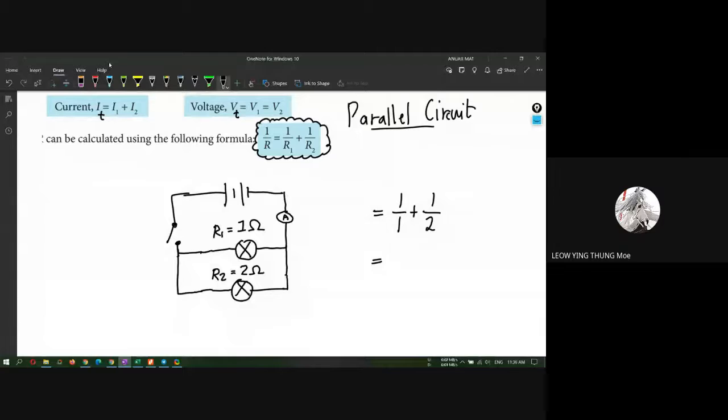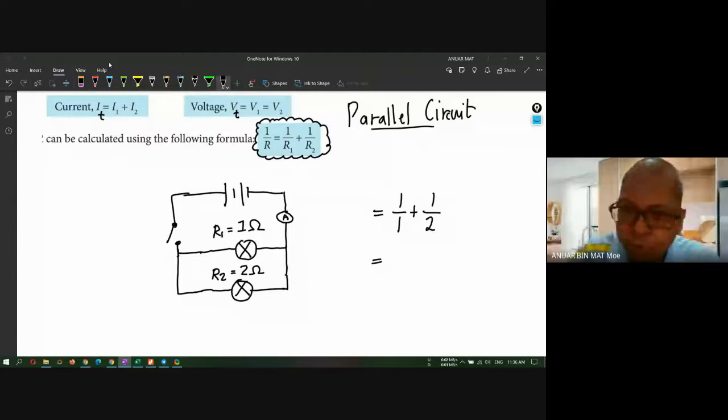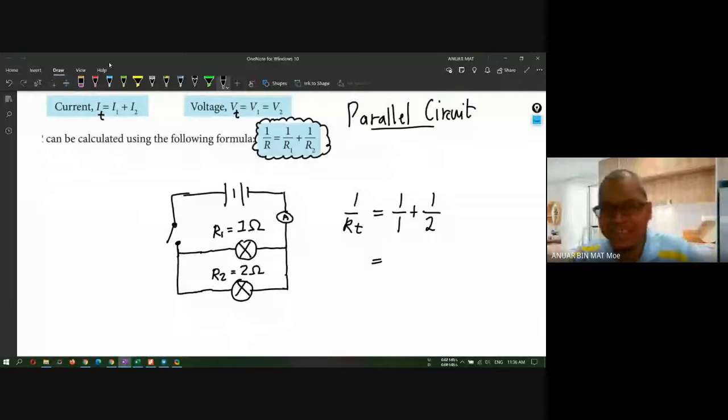Three over two. Yes. So what is the total resistance in a parallel circuit? 1 over 2? What is the answer?